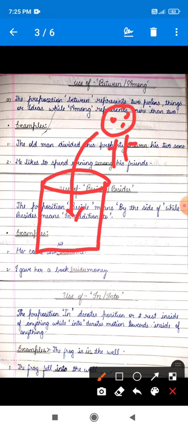So in such condition we use preposition into, okay, when anything has motion towards inside of anything, in that case we use preposition into, okay dear.